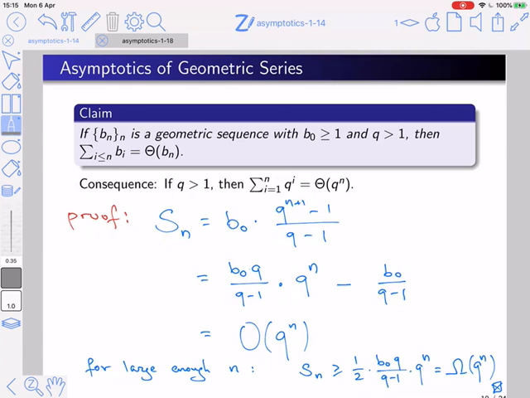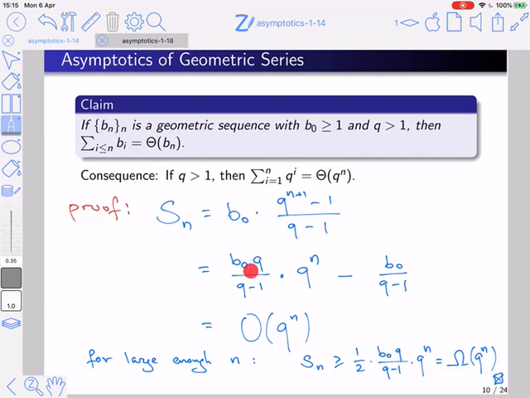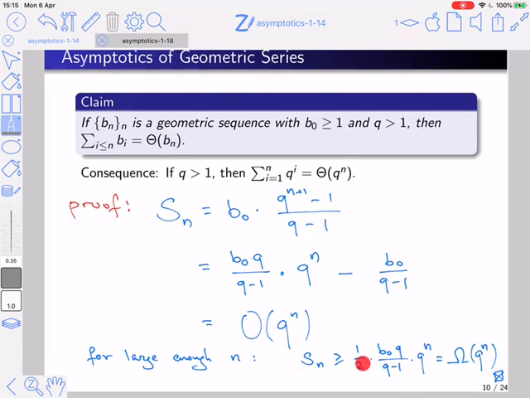But we want to prove big theta, so we also have to prove big omega. How do we prove big omega? For large enough n, the value that you have over here, after you have subtracted from it this constant b0 over q minus 1, you're left with at least a half of the value, because this tends to infinity.